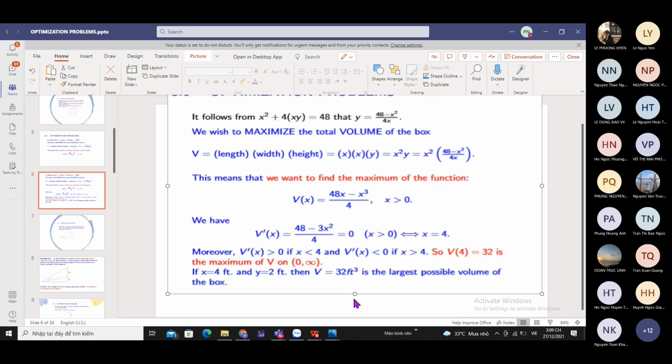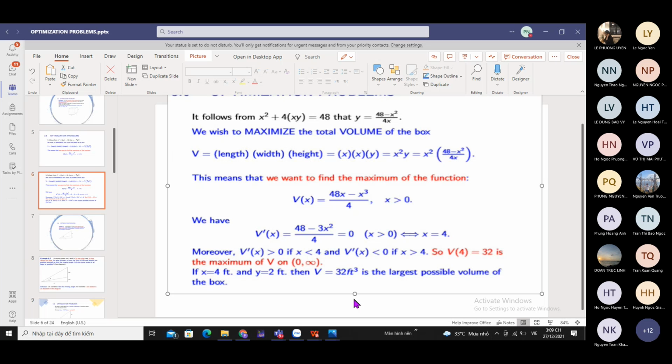Moreover, clearly, V prime of x changes from positive to negative when x goes through 4. I mean here, V prime of x is positive when x is less than 4, and V prime of x is negative when x is greater than 4. It means V prime changes from positive to negative when x goes through number 4.